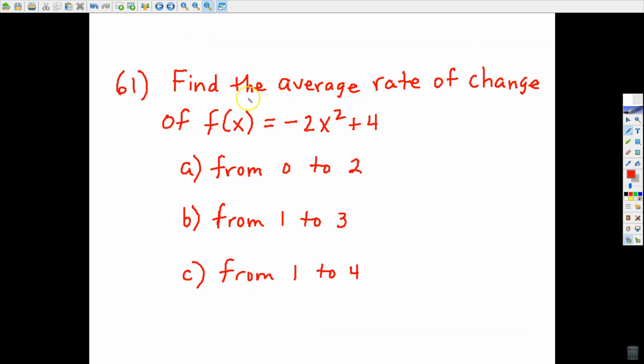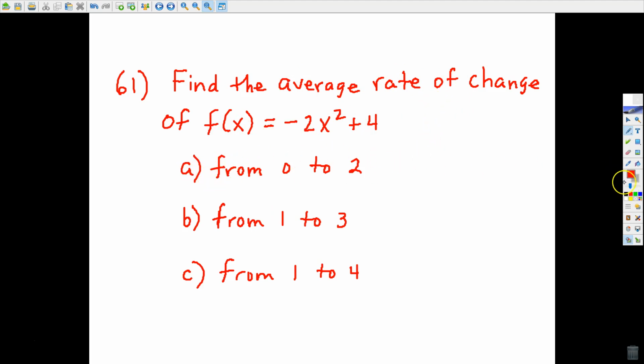This example, we're finding the average rate of change. Okay, hopefully that rings a bell with you. That's just another way of saying finding the slope of a line, when we used to talk about lines. Well, this is a quadratic, it's a parabola, but there are some similarities. So the average rate of change in general is found in this way.